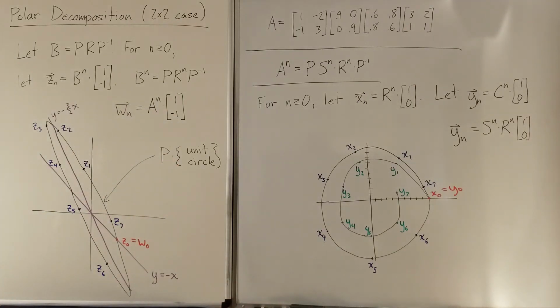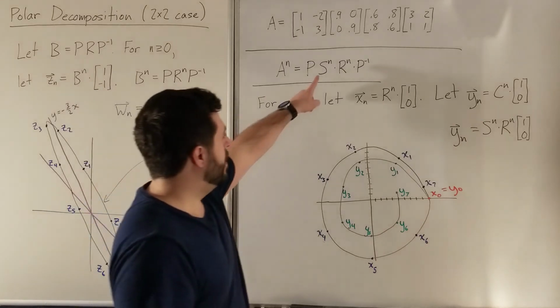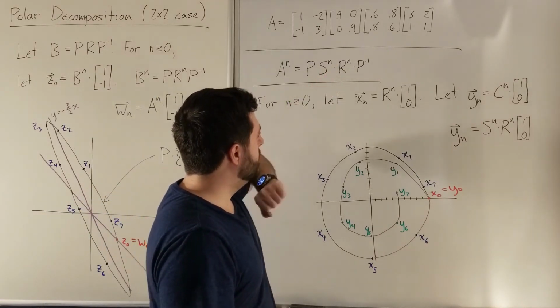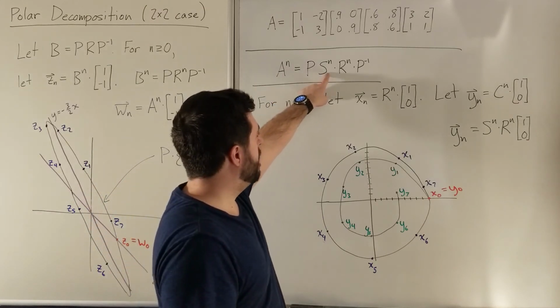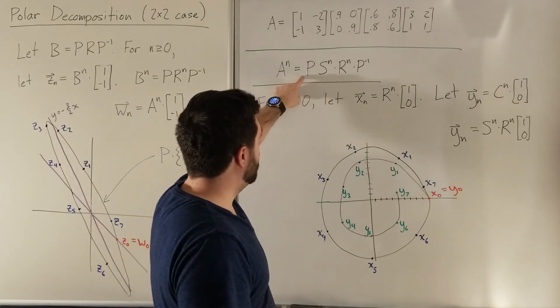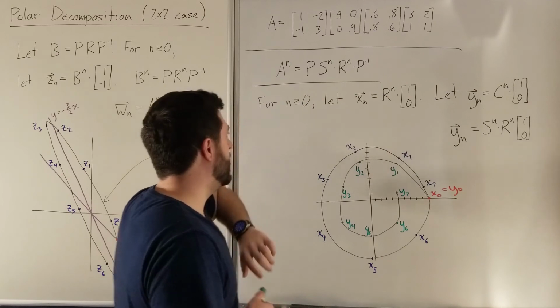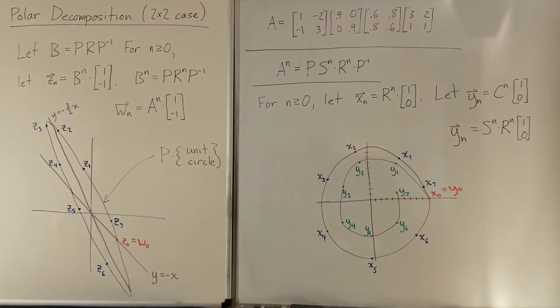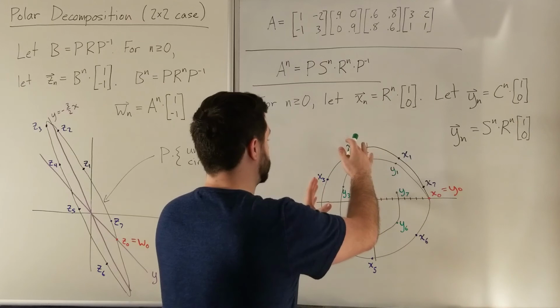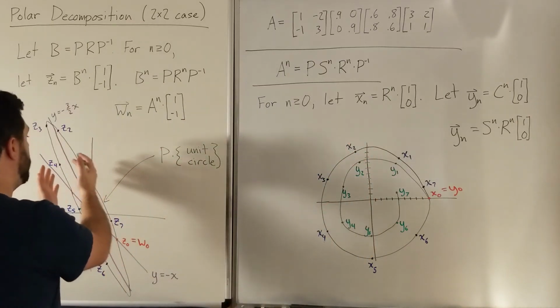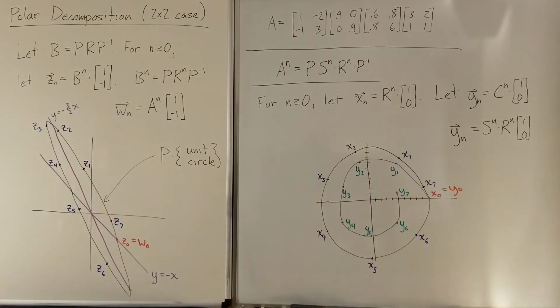And because S is a scalar matrix, we can, if we want, factor it or commute it past this P and picture that scaling happening after everything else. So after we've taken our vector, moved it over here, rotated it some amount, moved it back, then we can scale it towards the origin.